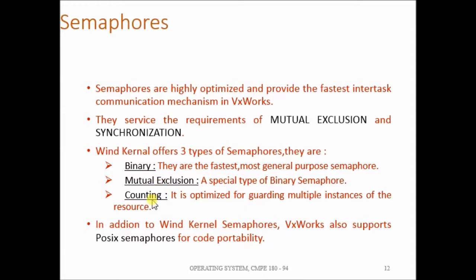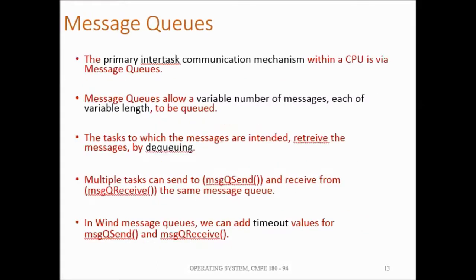Moving on to message queues. The primary intertask communication mechanism within a CPU is via the message queues. In message queues, we can enqueue various numbers of messages of variable length and we can retrieve the same using the dequeue process.